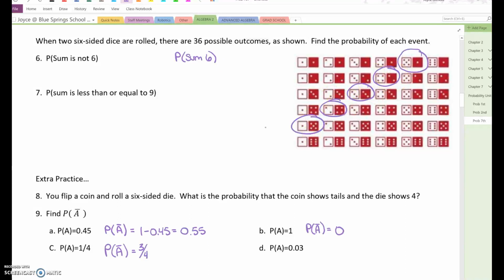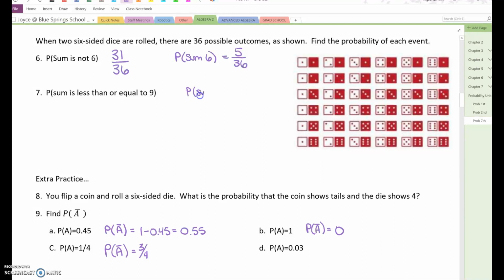How many did I just circle? 5 of them. 5 out of 36 have a sum of exactly 6. So how many out of 36 have a sum that is not 6? 31 out of 36.